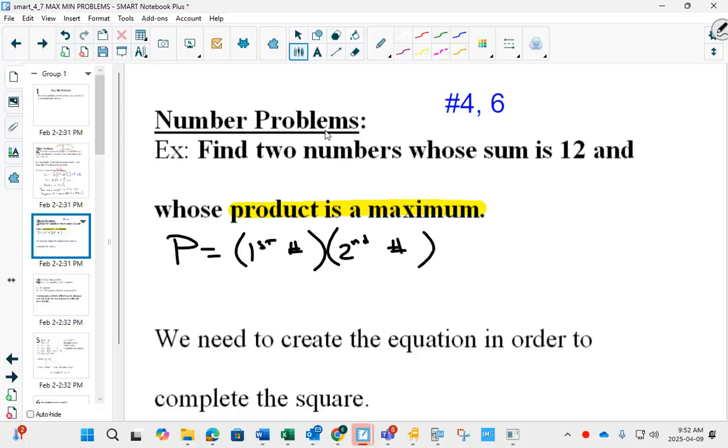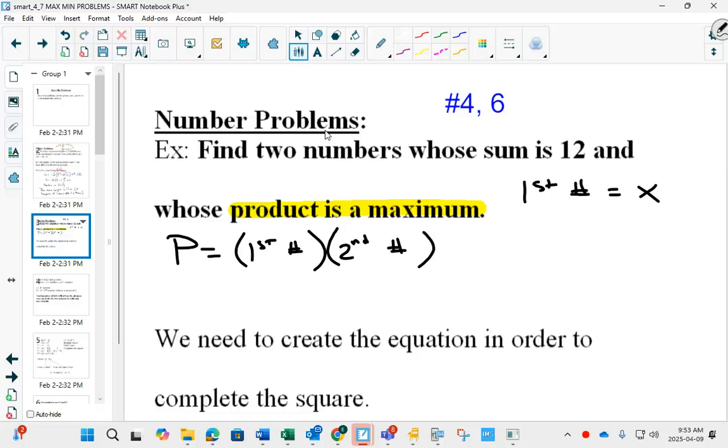Now we have to come up with a variable, and we have to come up with an equation. So we decide, what's our first number going to be? Let's just say it is equal to x. Some people say my second number is y, but then there's a problem because you have too many variables.